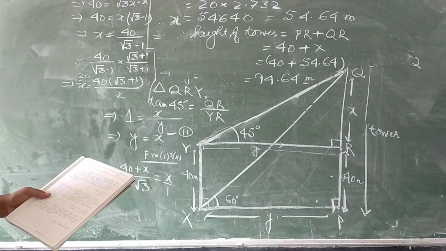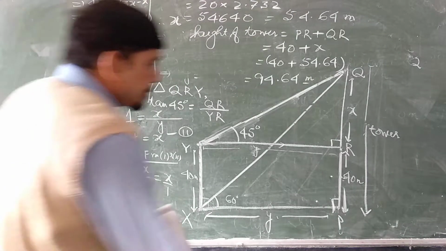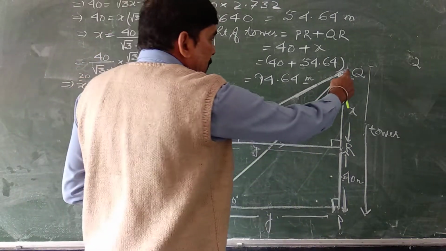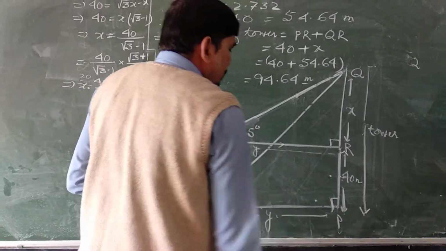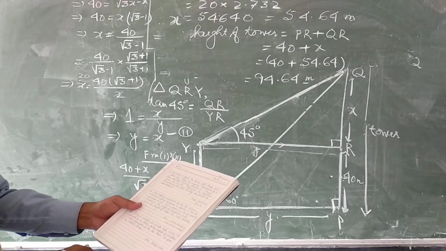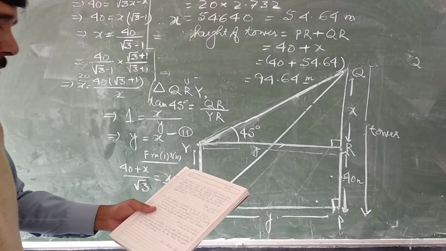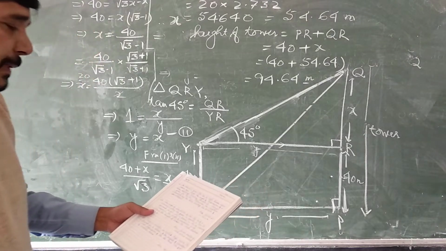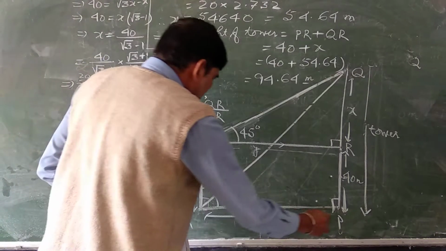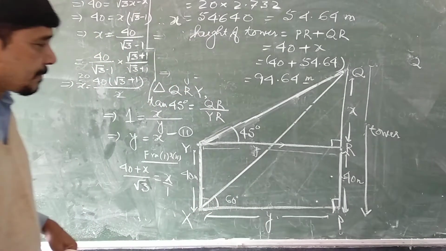Now there is a tower PQ. Q is the top of the tower and P is the bottom of the tower. The top Q of the vertical tower PQ is seen from a point X. PX is the ground level.